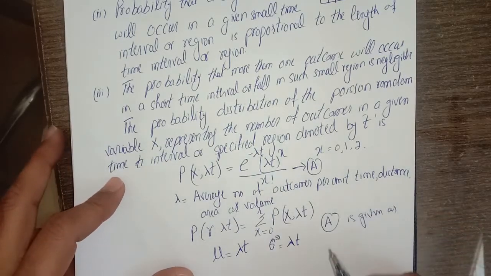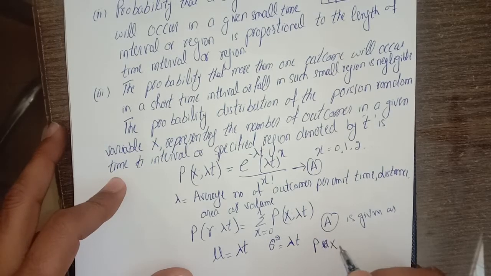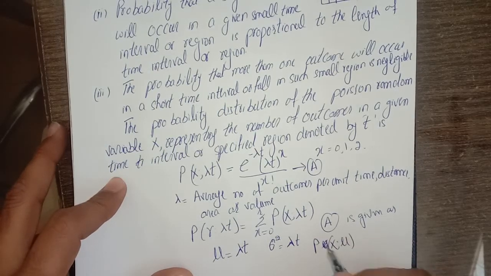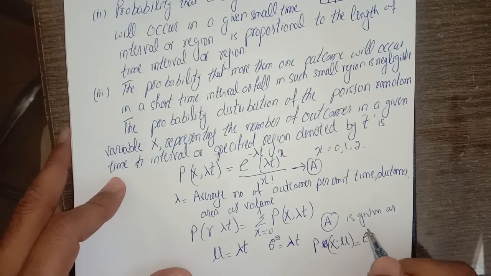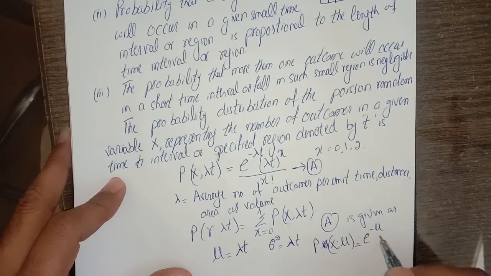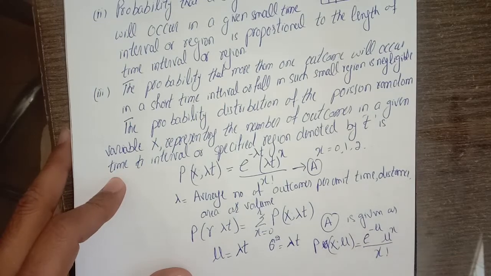A could be written as probability of x, and then this lambda t becomes mu, and this would be e raised to power minus mu, mu raised to power x over x factorial.